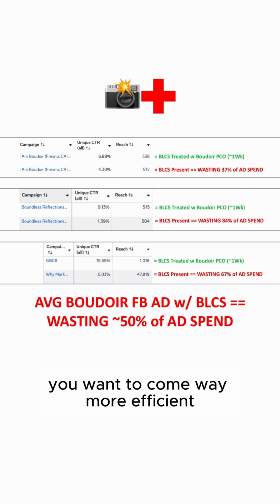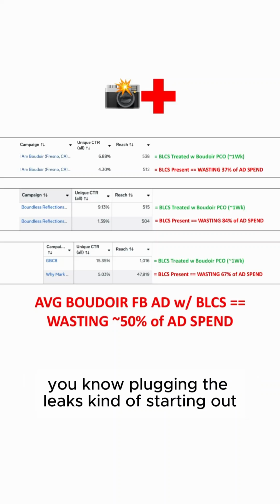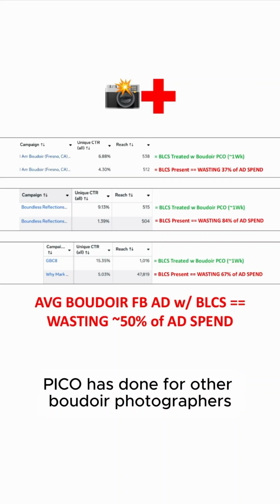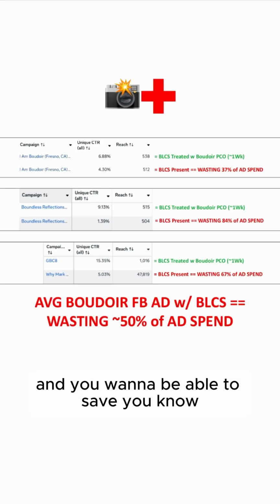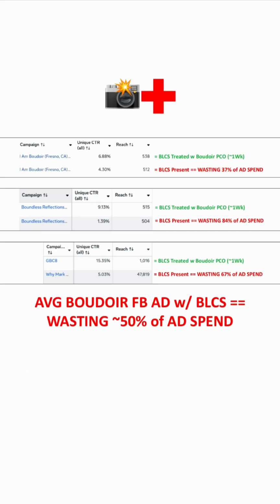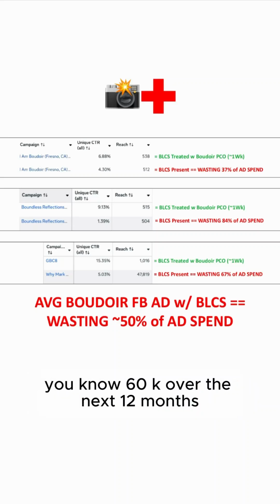You want to become way more efficient, pull more money out of it by plugging the leaks. And you're seeing what Boudoir Pico has done for other boudoir photographers' Facebook ads. And you want to eliminate approximately 5K of ad spend every single month, literally back in your pocket. It's kind of like a phantom bonus. And that's approximately 60K over the next 12 months.